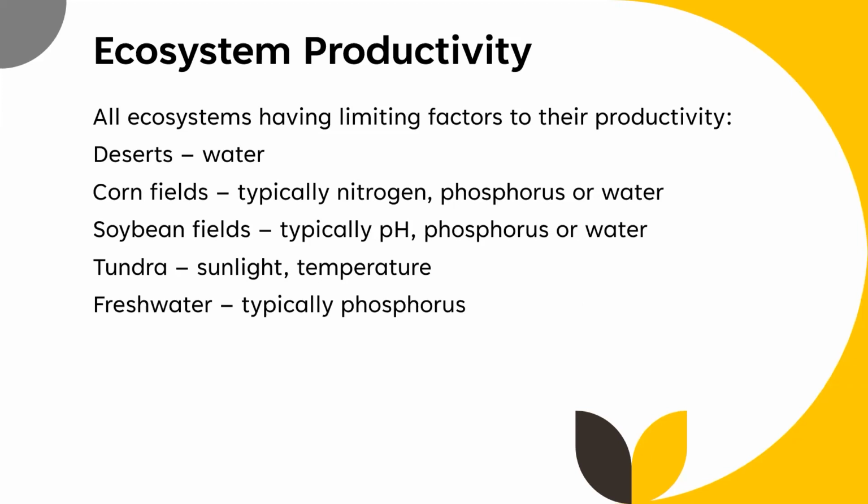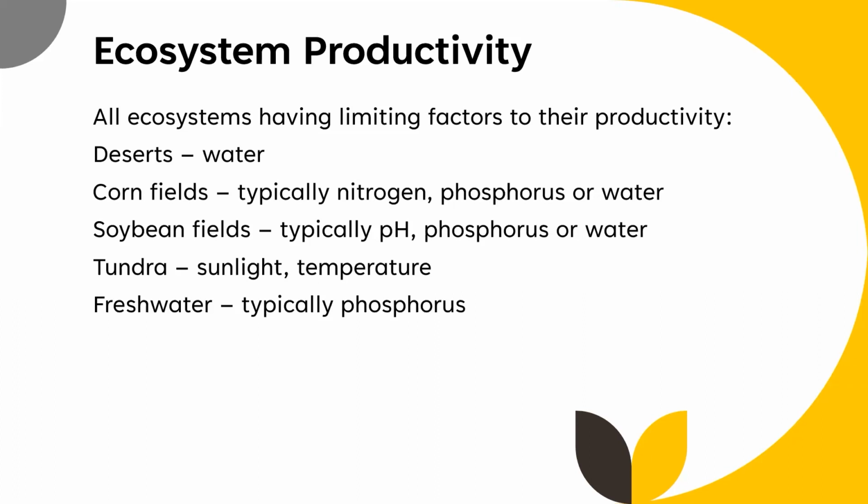Freshwater ecosystems, getting more to what today is about. Generally, the limiting nutrient for additional growth of photosynthesizers in the water column is going to be phosphorus. We see this at lakes, reservoirs, and ponds in Kansas, with increasing phosphorus levels and increasing amounts of algal blooms.